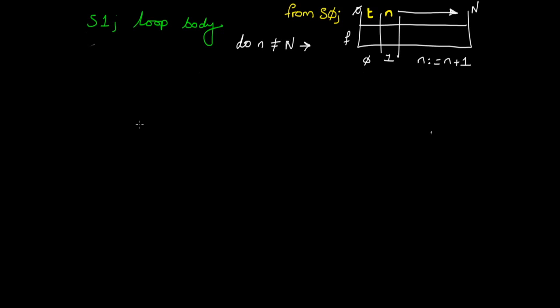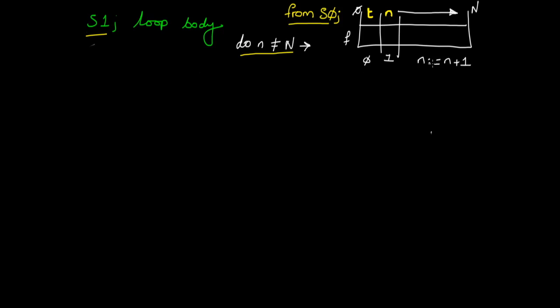So next of all, we need to look at the loop body, S1. Now for S1, if we consider what we've just done, from S0 we know that t is going to equal 0 and n will equal 1. And we know that the guard on our loop is n not equal to large N. So n will move from left to right and progress up towards n, large N. In order to do that, it's got to be incremented.